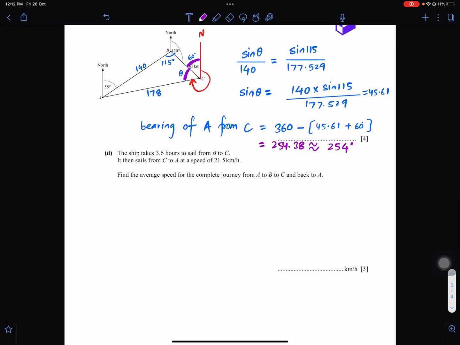Then the last part. The ship takes 3.6 hours to sail from B to C. It then sails from C to A at a speed of 21.5 kilometers per hour.